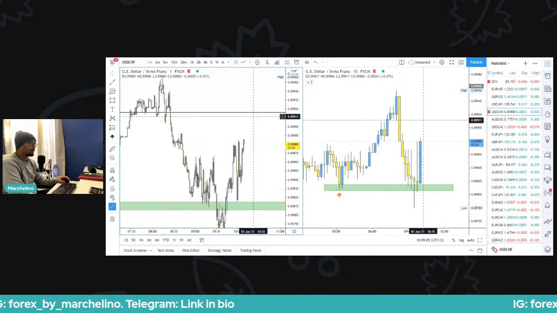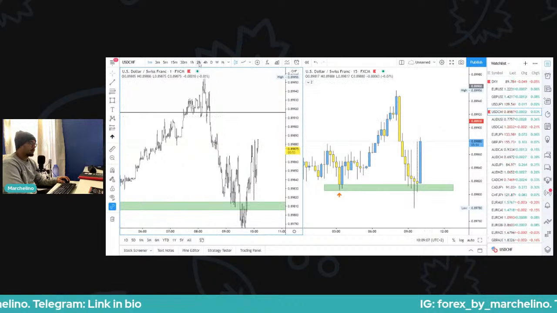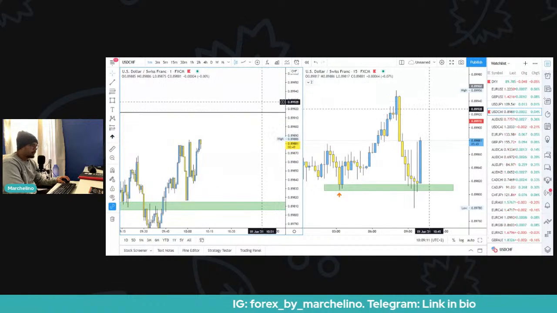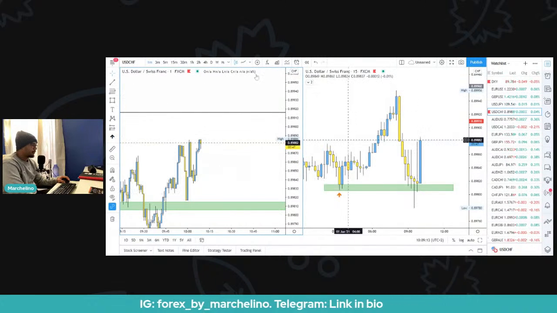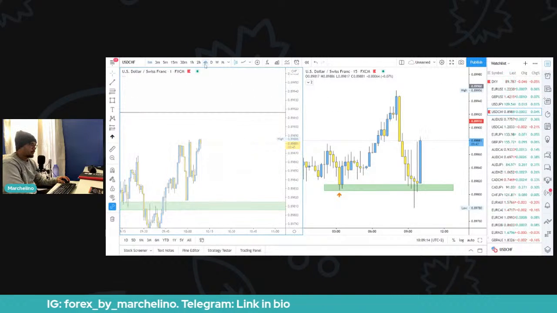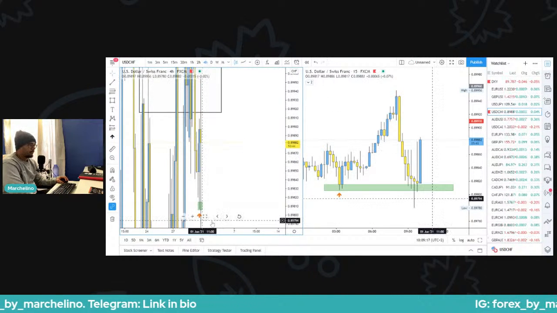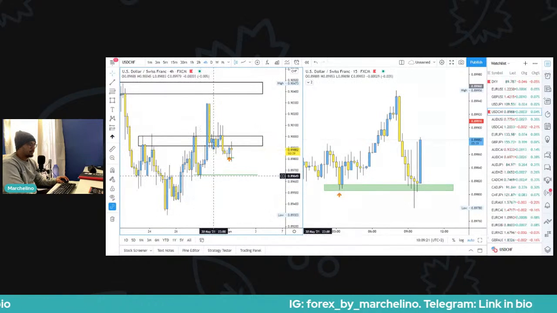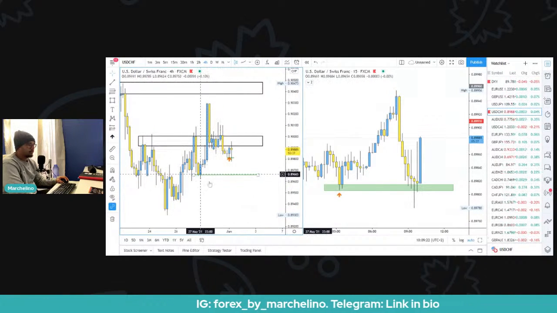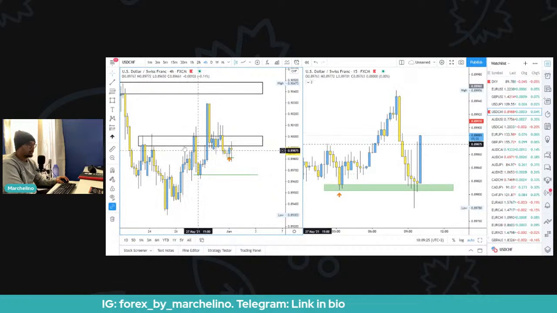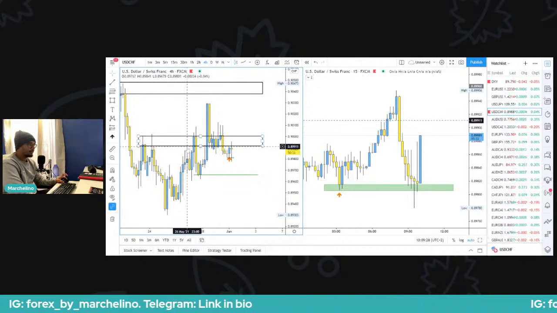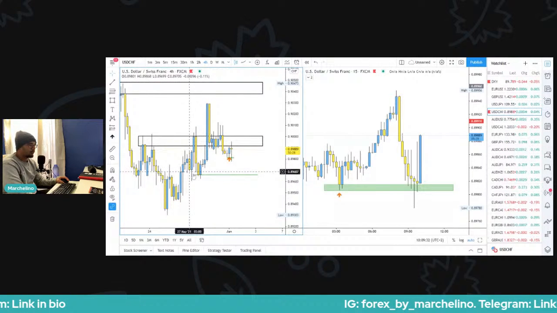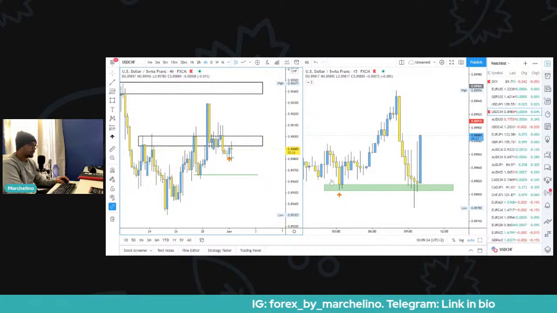I don't know what that line is. Oh, that's probably the 4H going back up. But if you look at the 4H time frame, it's still this region here that's holding price action up. So bullish until we break this.